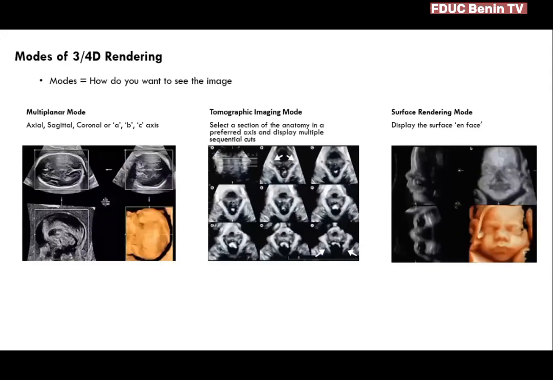And so the operator will display the image in multiple ways to answer the clinical question. We all know that 3D, 4D ultrasound sometimes is being used for cosmetic and social benefit. But let's always bear in mind that there should be a clear clinical indication before the patient has a 3D, 4D examination.